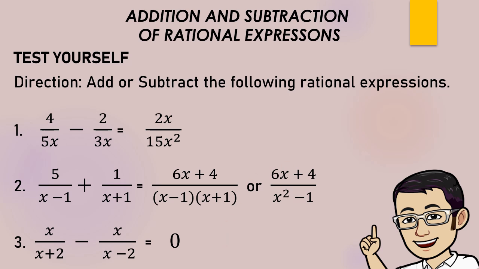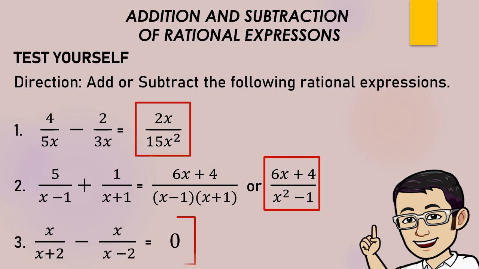Alright, so here are the correct answers. Let's see if you got the correct answers. For number 1, we have 12x over 15x squared. For number 2, the answer is 6x plus 4 over x squared minus 1. And for number 3, the answer is 0.